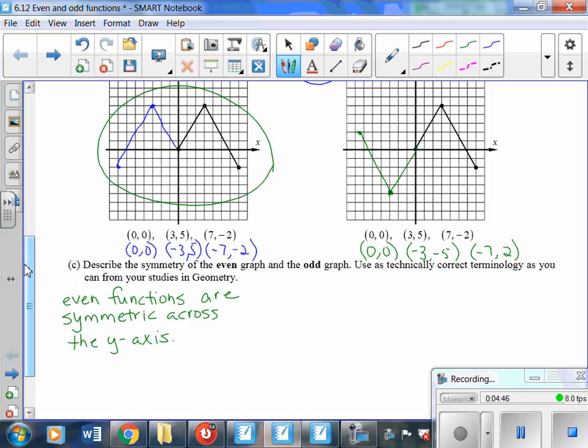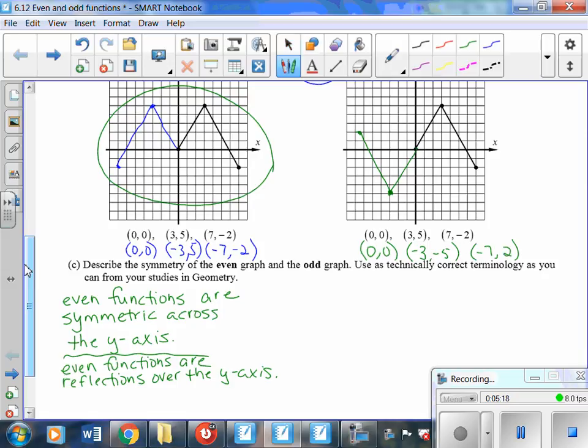So you can also say even functions are symmetric, we use the word symmetric, they are reflections over the y-axis. I know you knew what I meant.